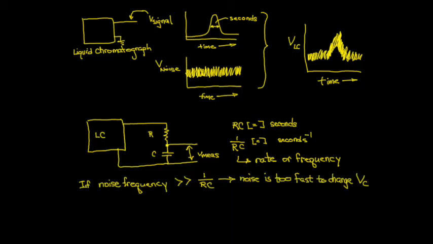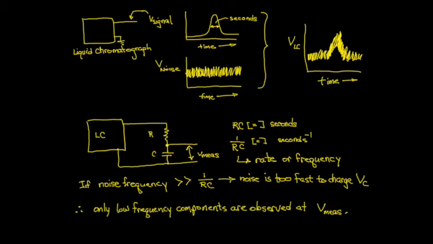A very rapidly oscillating voltage changes direction so quickly that the charge on the capacitor can't keep up. It will drive the current through the resistor first in one direction and then in the other, as though the capacitor wasn't even there, and we have a direct connection or a wire from the signal to the resistor.